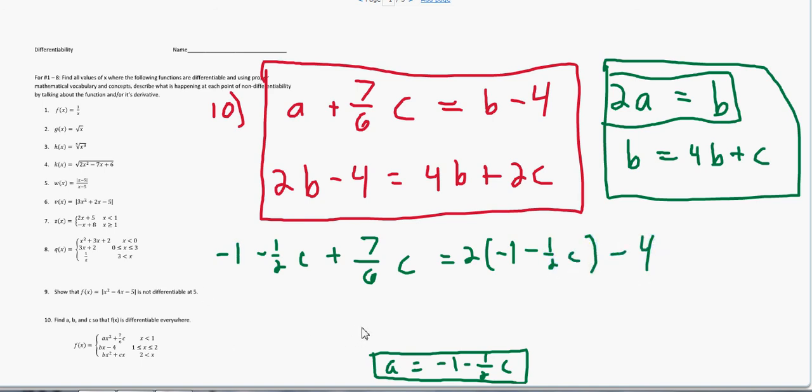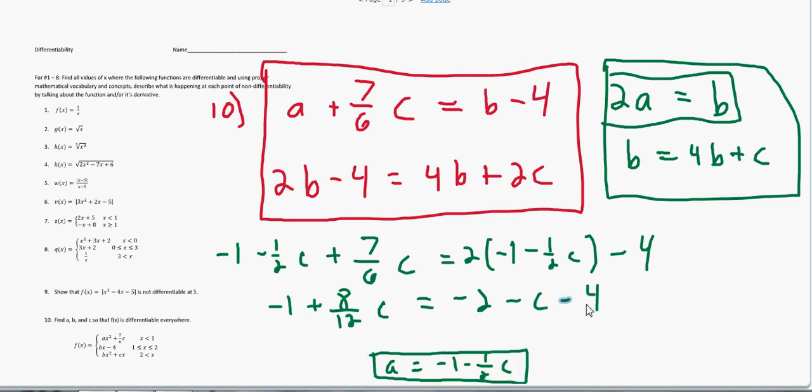Now we have an equation with just c. So let's simplify it down. First off, negative 1 half plus 7 sixths. What's this? 6 twelfths, 14 twelfths, 8 twelfths. Plus 8 twelfths c. This is going to be negative 2 minus c minus 4.